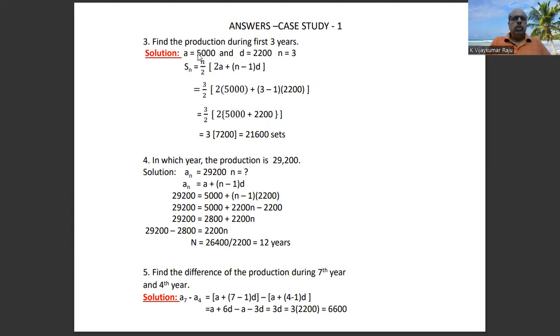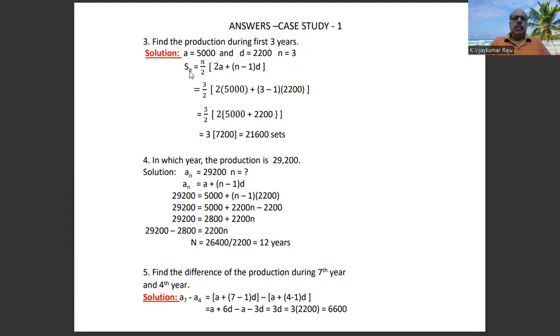That means here he wants you to find the production of the 3 years, that is the first year plus second year plus third year. So that means sum of the productions of the 3 years. So you know the first year production was 5,000. Difference every year is 2,200, and number of years is 3. We want the sum of the 3 years.